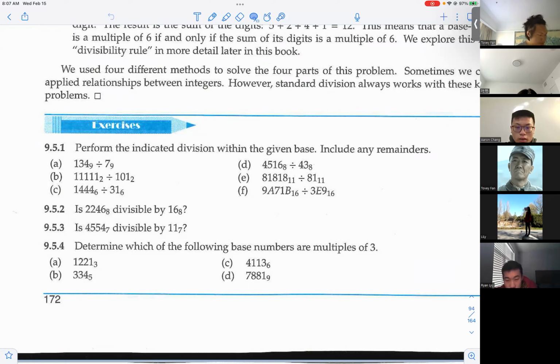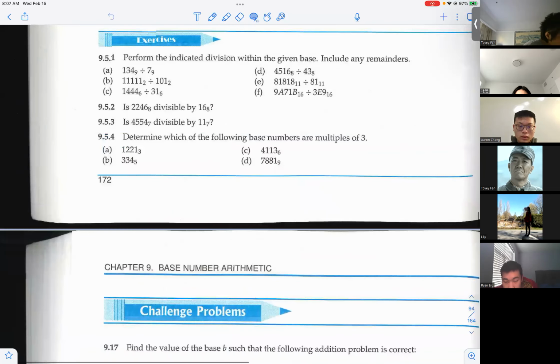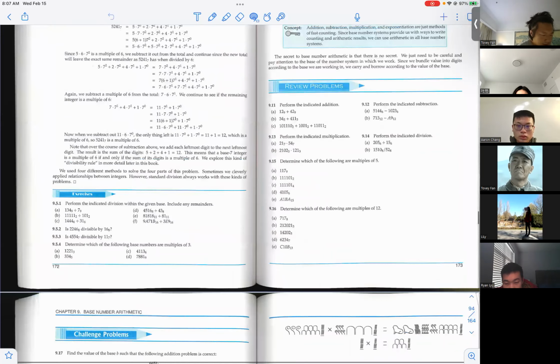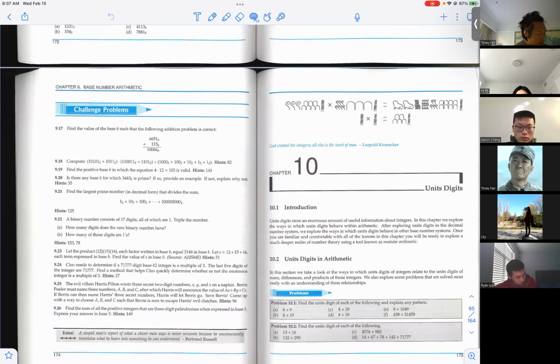Oh, I thought the answer is C. Choice C is the base number. Yeah, then that's correct. Then you got everything correct for 9.4 and 9.5.